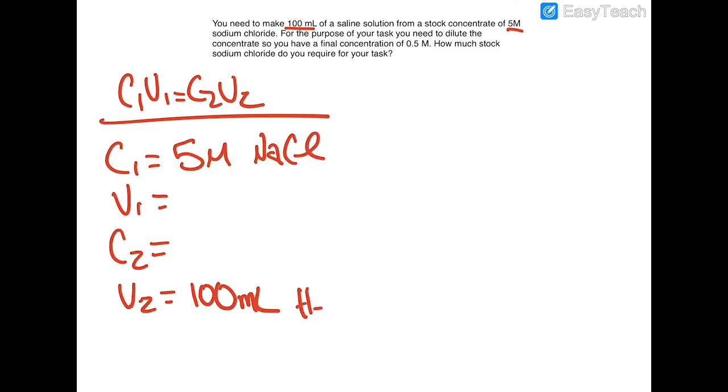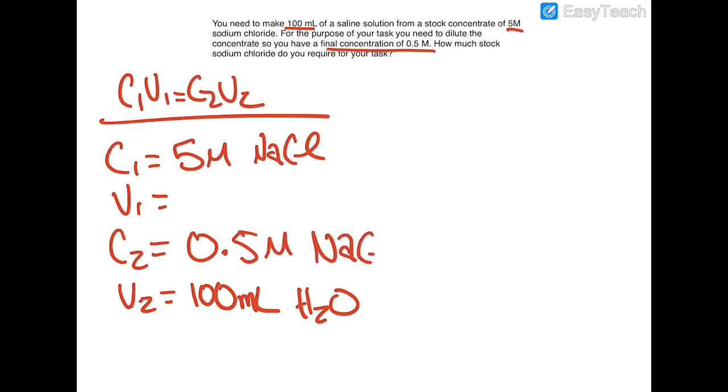Oh, and this is just water, by the way, saline. And then we have a final concentration of 0.5 molar, so that's our C2 of sodium chloride. So what we're looking for here is our only blank space left, and that is V1.